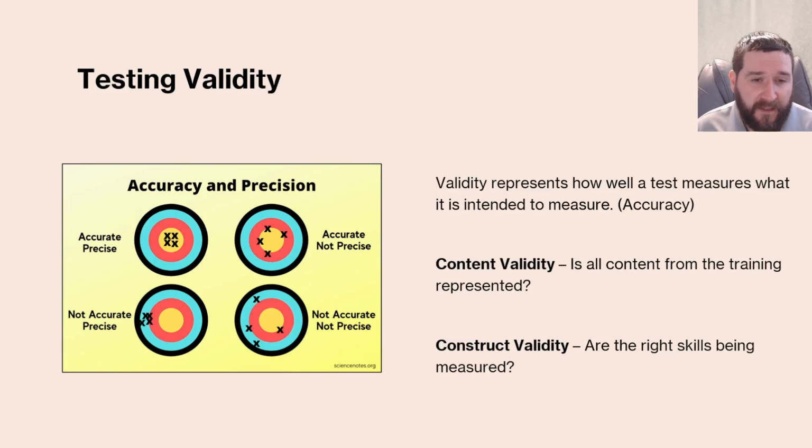So our construct validity might not be very good because there's another skill, a prerequisite in this problem, that's blocking our ability to measure what we want to measure. So something to be aware of there, the construct validity. Are we measuring the correct skill or not? Or is there another skill getting in the way?